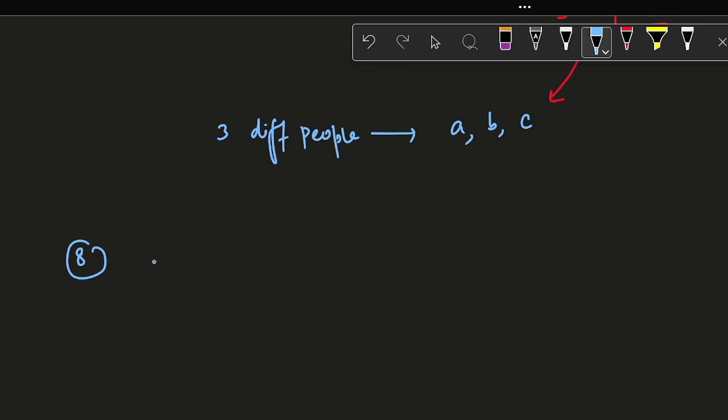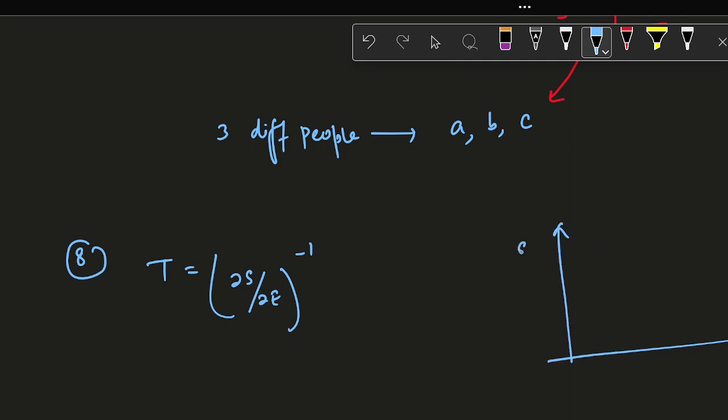So first of all, what is defined as temperature here? Here temperature is the inverse of the slope of the entropy versus energy plot. So if there is an entropy S versus energy plot, with energy on the x-axis, let's say the plot looks something like this, or maybe it can be a Gaussian also, whatever way you can choose.